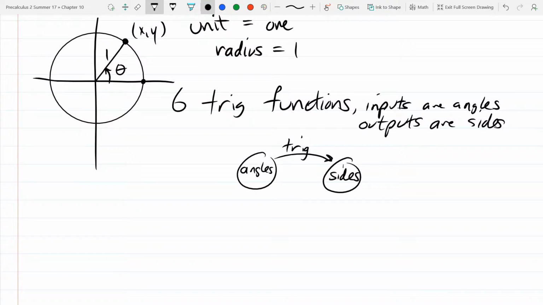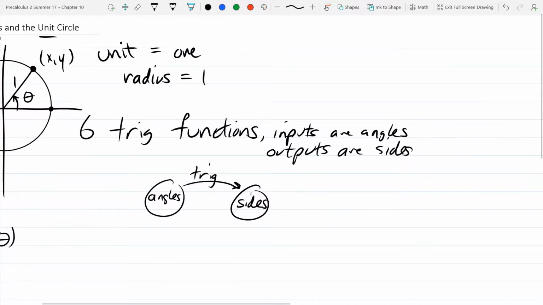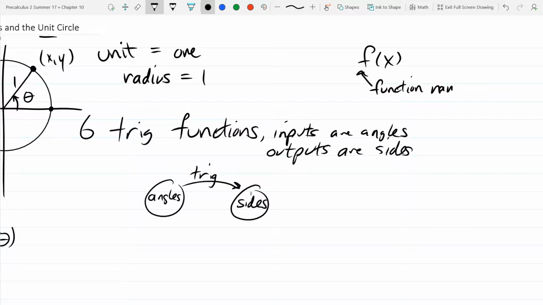We'll start with cosine first. So they eat angles. Now if you remember before, back in the day, functions, they pretty much only had one name. They were pretty much always called f, and their input was almost always x. So this is function name. Function name.